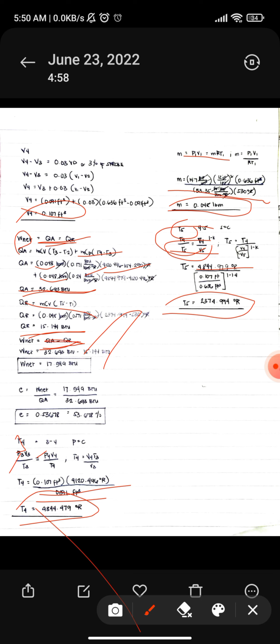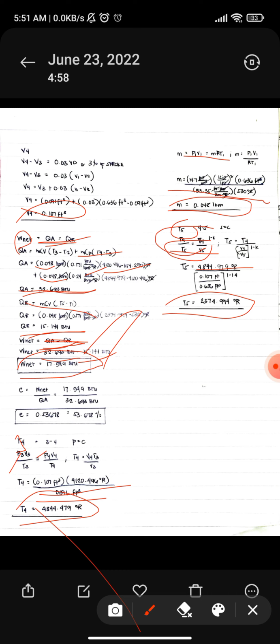So, W net is equals to QA minus QR. QA equals to 32.693 BTU minus QR na 15.144 BTU. So, W net natin is equals to 17.549 BTU. For the E naman is we have W net over QA.